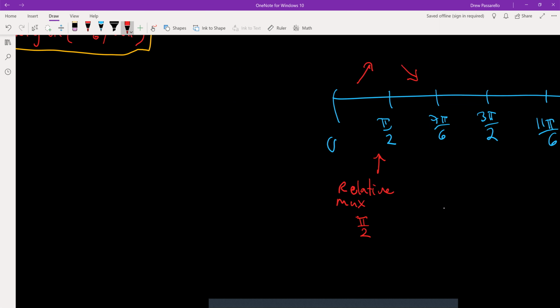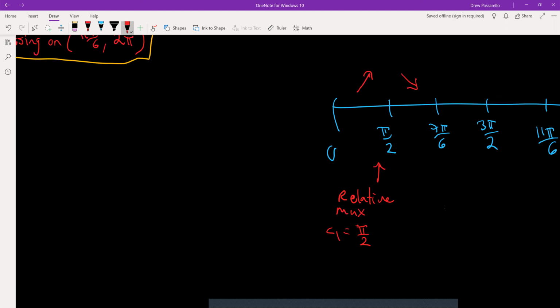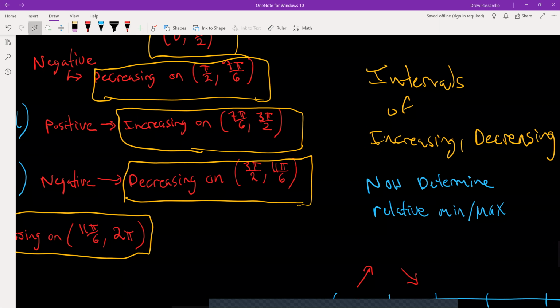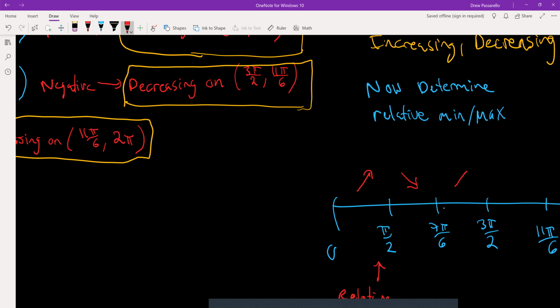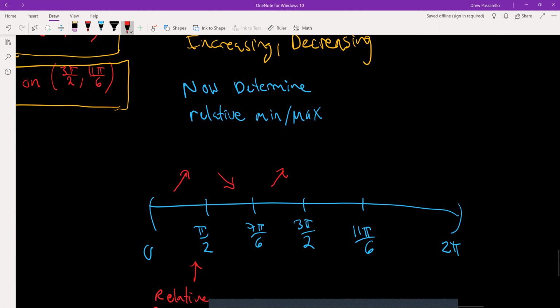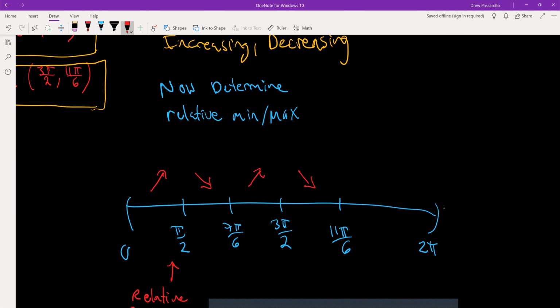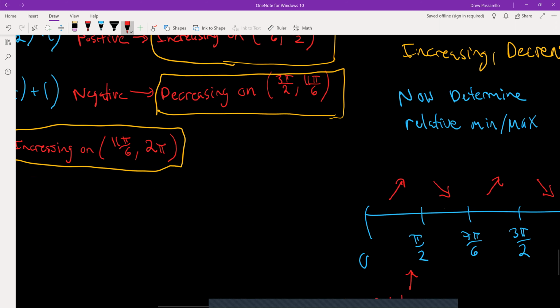Let's see, so that's it. I'll say C1 for the first critical number. All right, so from 7 pi over 6 to 3 pi over 2, it was increasing. And then the next one is decreasing, and the last interval is increasing.